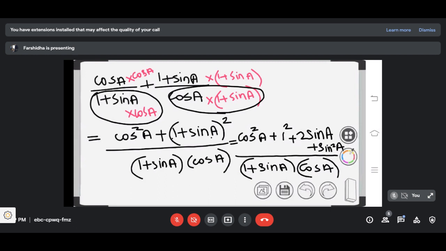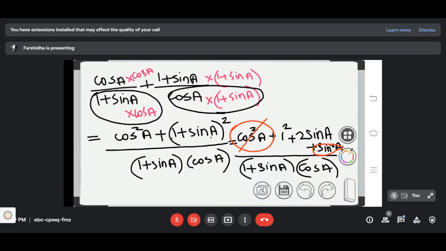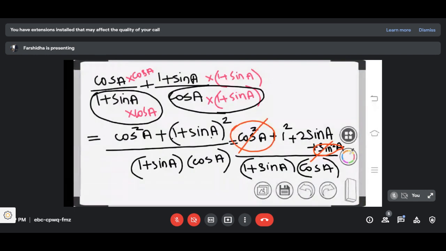Now see here, cos square A plus sin square A. According to identity number 1, cos square A plus sin square A is 1. So in the next step, instead of cos square A and sin square A, you can write 1.